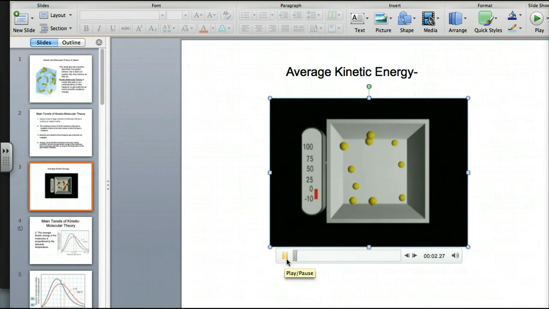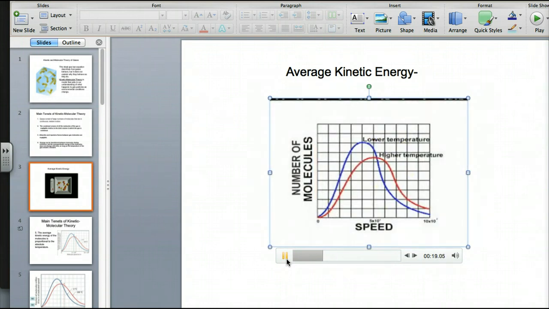At any given temperature, the molecules of a gas are in continual motion. At any instant, some molecules have more kinetic energy of motion than others. With increasing temperature, the average kinetic energy increases in proportion to the absolute temperature. This graph shows the distribution of molecular speeds for a particular gas at two different temperatures.